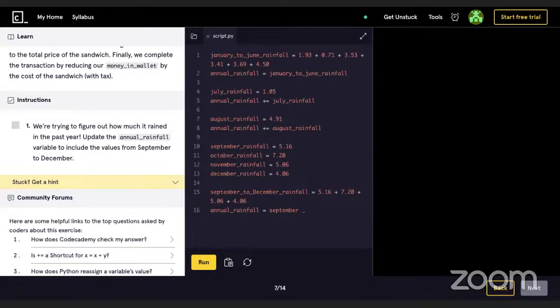I'll turn on the heater for you. There's no space between the underscore and the September. I need to go back, because there's no space on the rainfall. I think when you add the September to December, there's no space, equals 5 point.